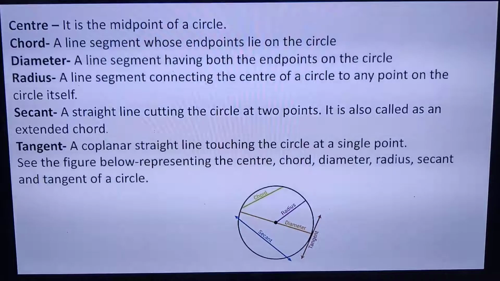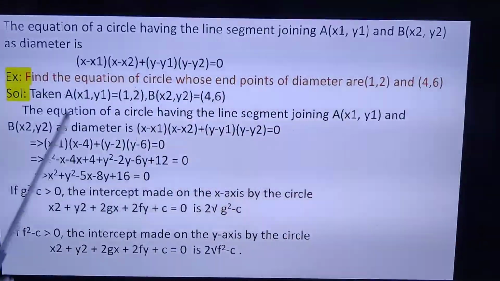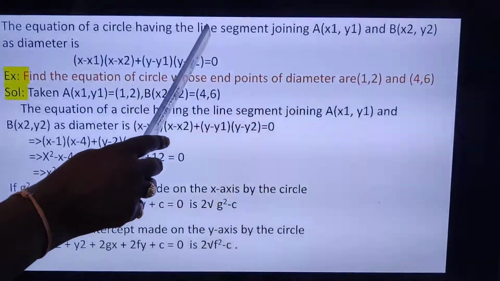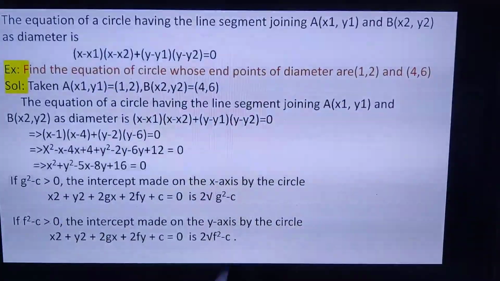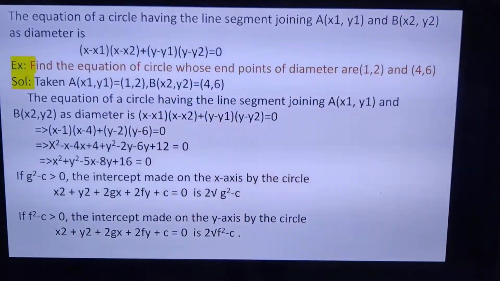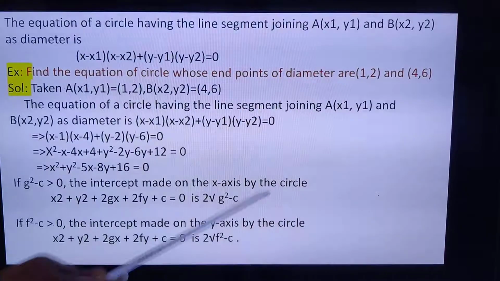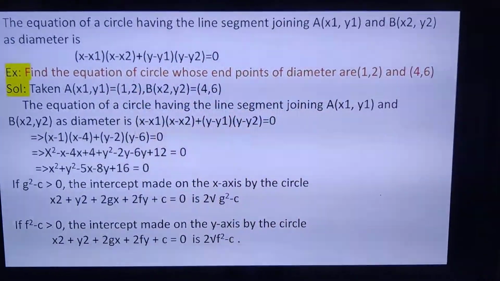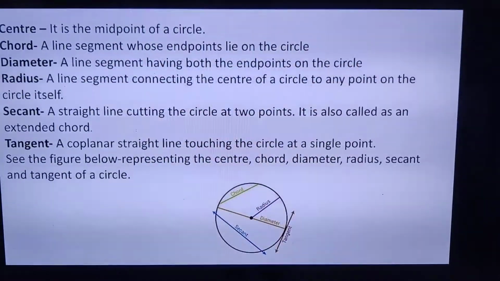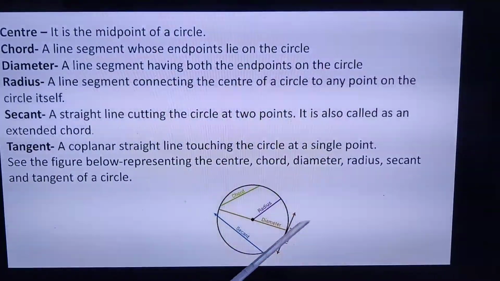Slide. Today we learn the equation of a circle having the line segment joining A(x1, y1) and B(x2, y2) as the endpoints of a diameter. In the previous figure we saw the endpoints A(x1, y1) and B(x2, y2) given.